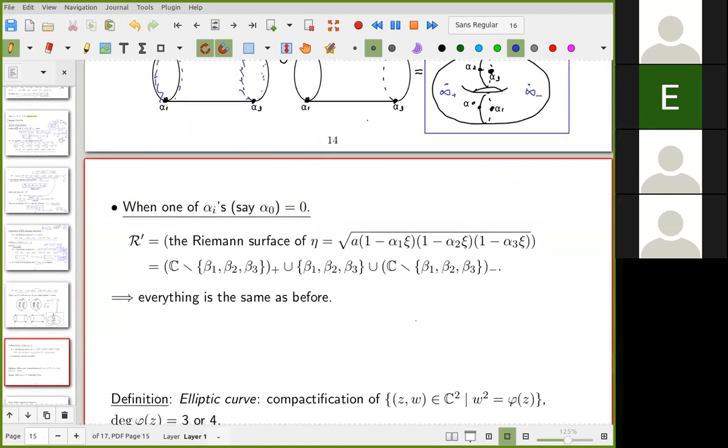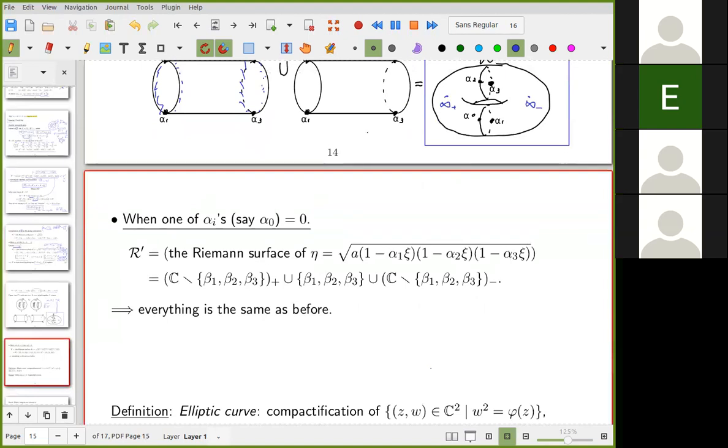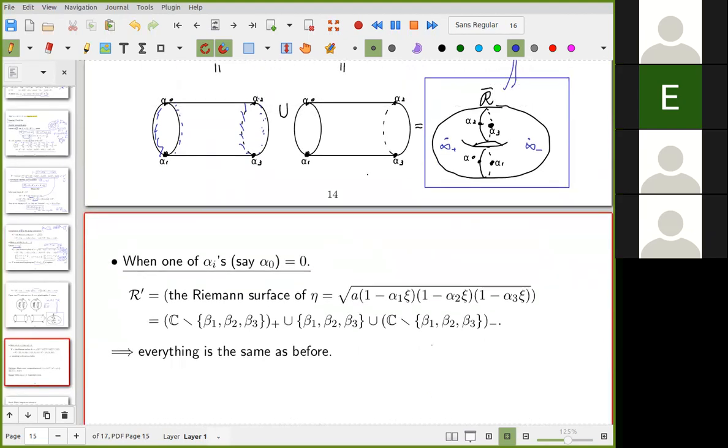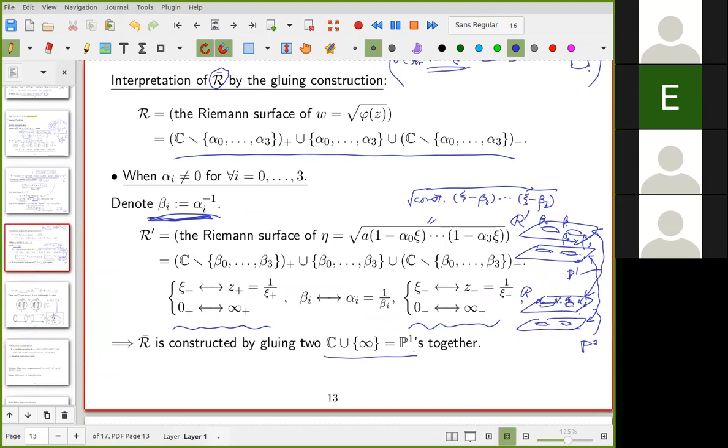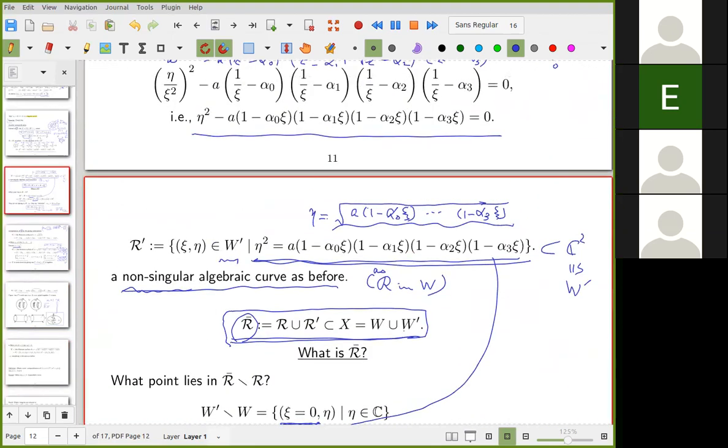When alpha zero is zero, then R prime is defined by this equation.